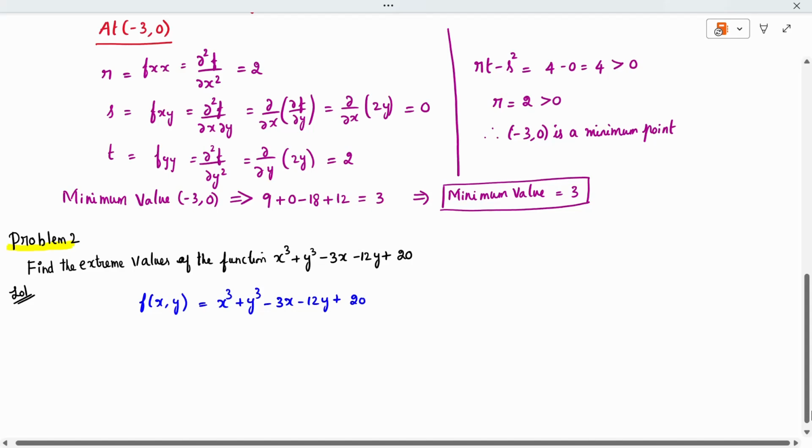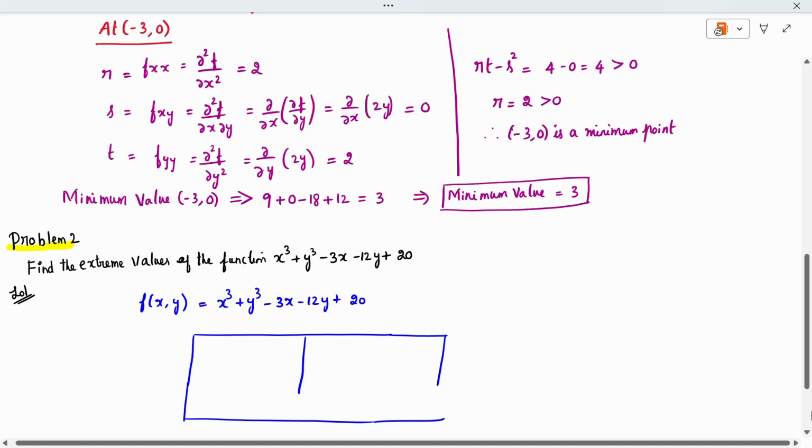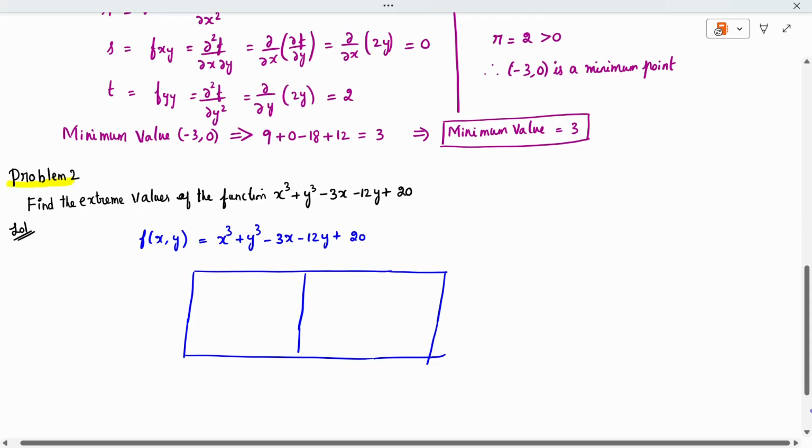First I will go with the first order derivative. Fx, Fy, I will calculate. ∂F/∂x: differentiating x, 3x squared minus 3 equal to 0.